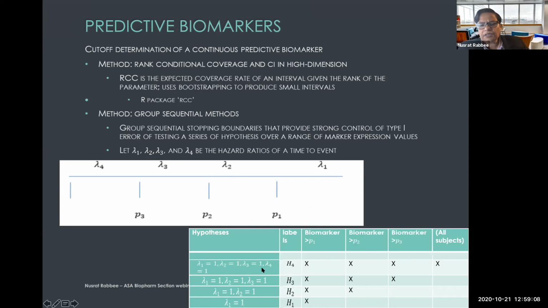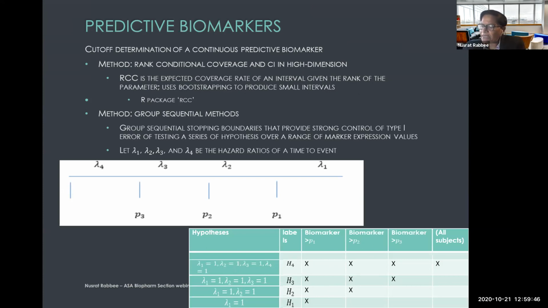When you do that, actually, you get the four families of hypothesis testing: H1, H2, H3, and H4. And they have several components, as you can see. And you can actually use group sequential method boundaries and p-values and z-statistic thresholds to find out where in the biomarker region, at least which quartile, you have the highest treatment effect.